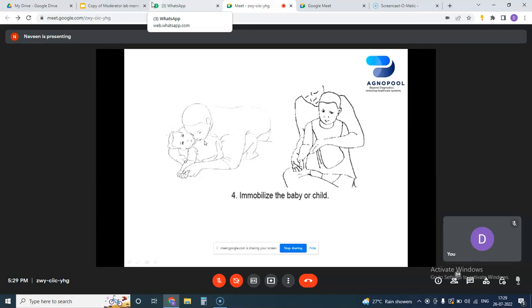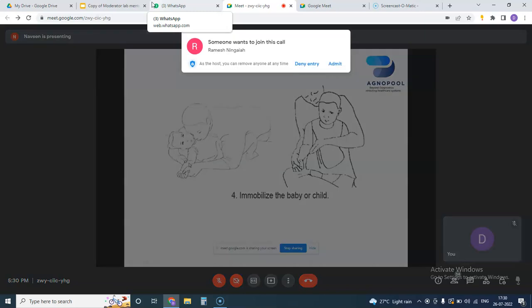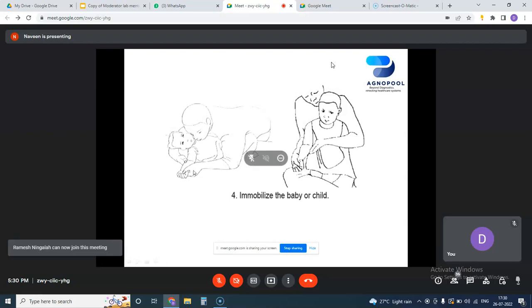One of the shoulders of the child is locked, so that the child will not be able to move much. And also there is stability to the hand which is being used for the drawing. And the parent can also squeeze the wrist, okay, which can help in the flowing of the blood.